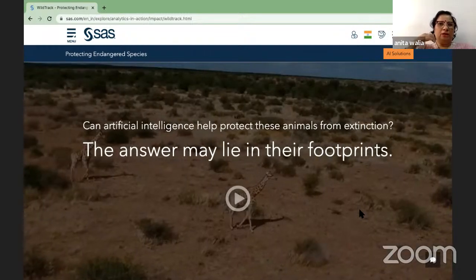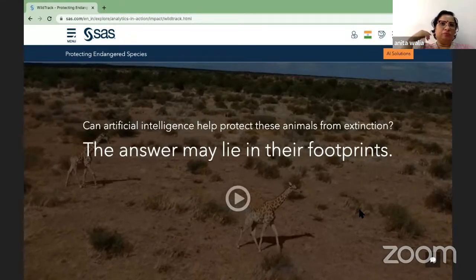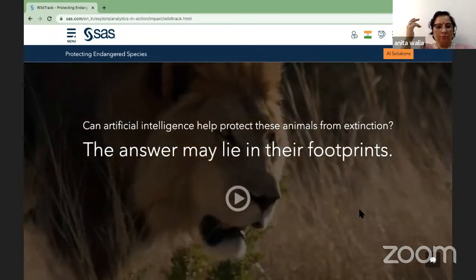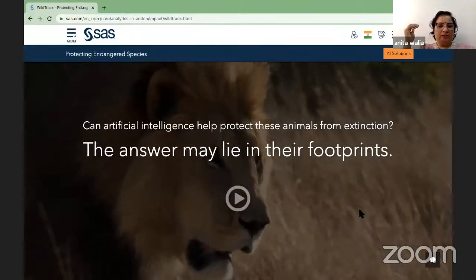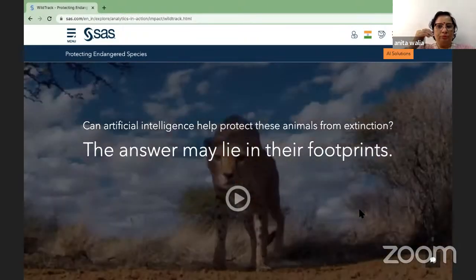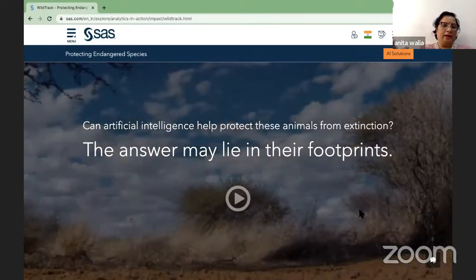So there are various domains of AI like expert systems, fuzzy logic, neural networks. All these domains basically allow the computer to have human-like intelligence.